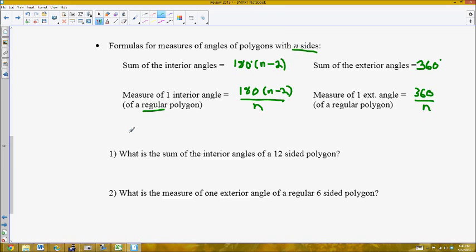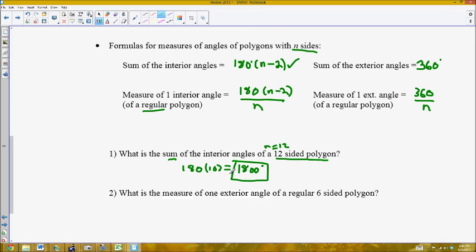So to use them, here's a couple of examples. What's the sum of the interior angles of a 12-sided polygon, or a dodecagon as it's called? Well, I want the sum, so I'm going to be using this formula, 180 times n minus 2. N in this case is 12, the number of sides, so this is 180 times 12 minus 2, which is 10. So the sum of all these angles would be 1,800 degrees.